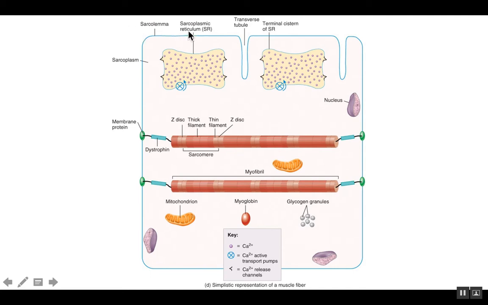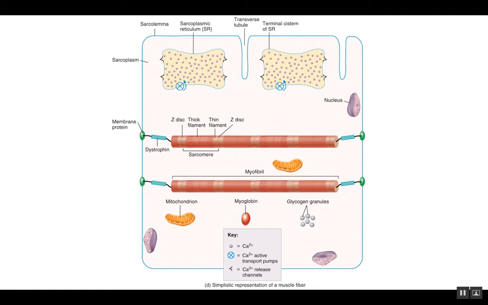That's going to cause an electrical current to travel along the sarcolemma, down the transverse tubule, so we can release these calcium ions from the sarcoplasmic reticulum. The calcium ions would then diffuse into the myofibril, made up of sarcomeres, attach to the troponin, move the tropomyosin, and allow the actin-myosin cross bridges to form.